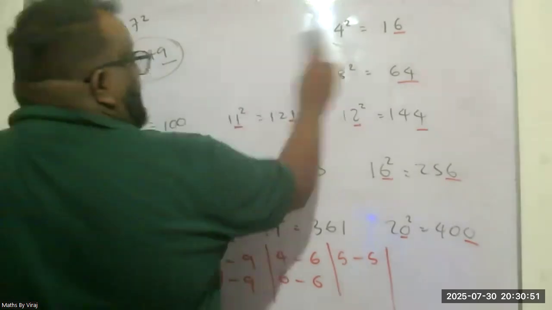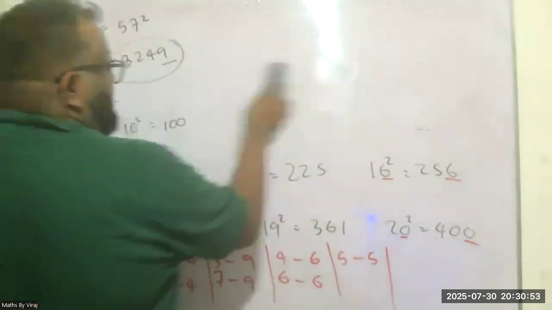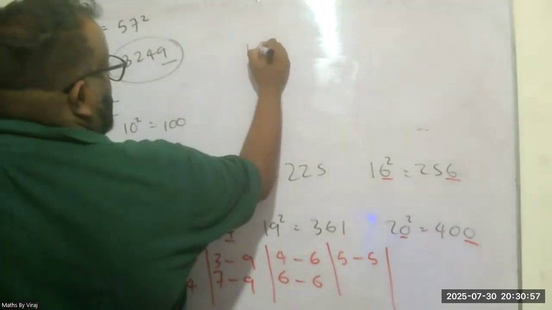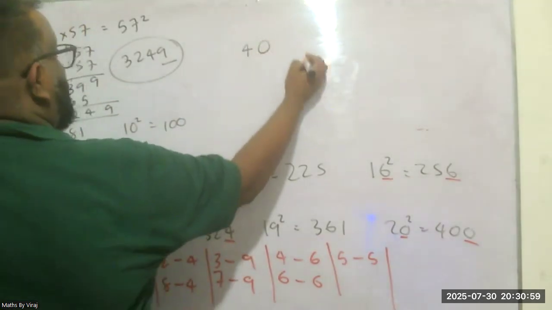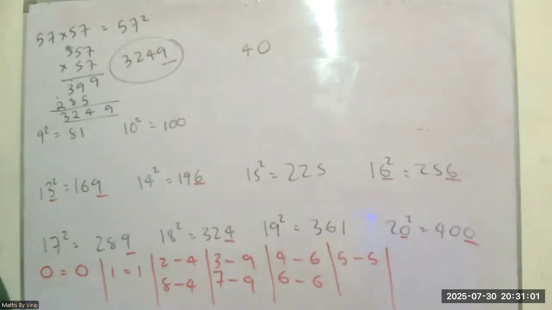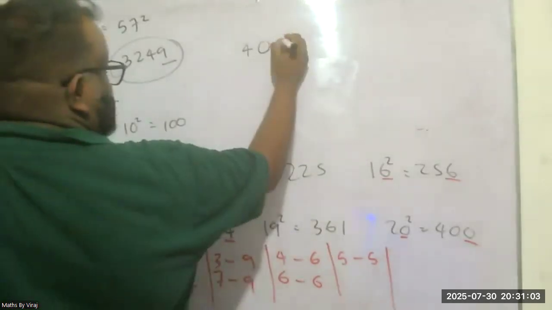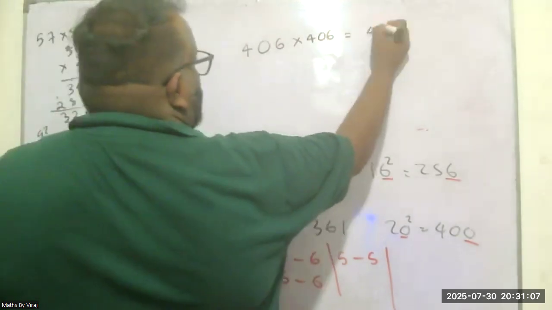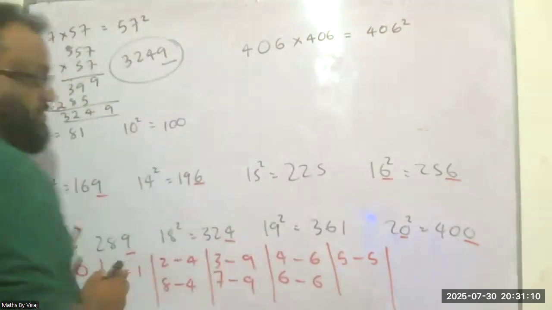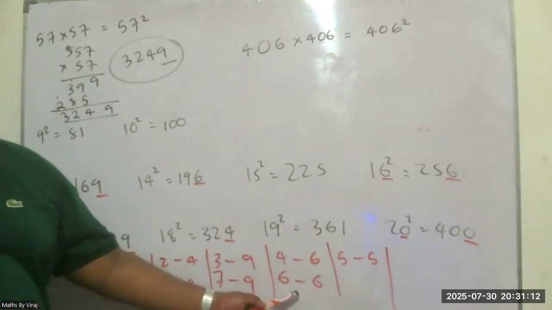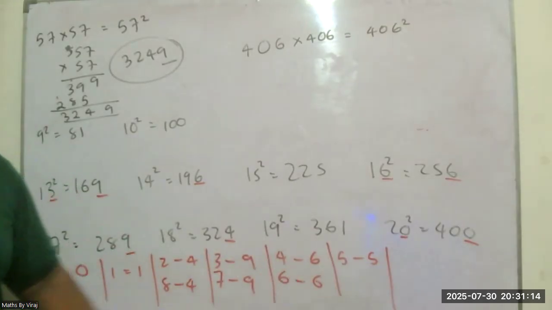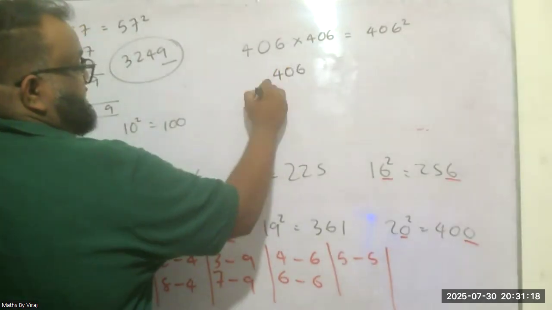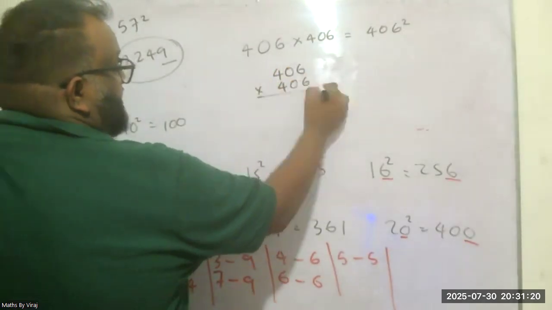Now we'll think of a 3-digit number. 406 into 406, basically 406 squared. So with what digit should it end? It should end with a 6 because the last digit is 6. 406 times 406.